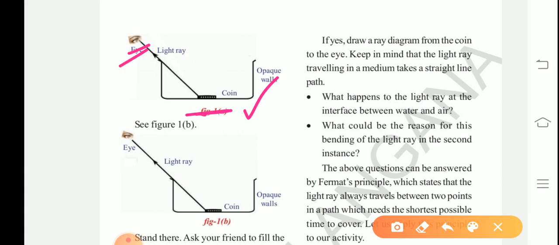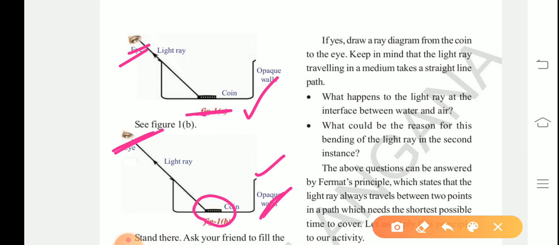If you move away from the vessel some distance, you can still see the coin. If you move further away, you can't see the coin with your naked eye, right? This happens when the vessel is empty.